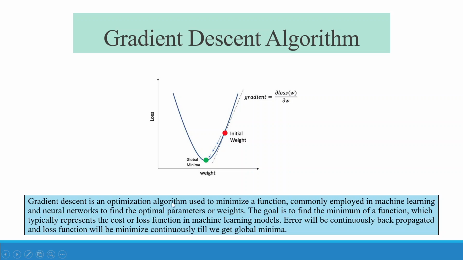Gradient descent is an optimization algorithm used to minimize a function, commonly employed in machine learning and neural networks to find the optimal parameters or weights. The goal is to find the minimum of a function, which typically represents the cost or loss function in machine learning models. Error will be continuously back propagated and the loss function will be minimized continuously till we get the global minima. Okay.